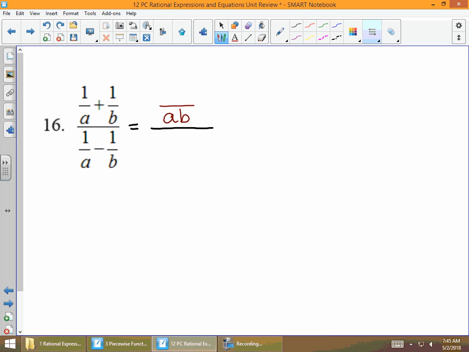So I need to multiply my first fraction by B over B, and my second fraction by A over A. So that in my numerator, 1 times B is B, 1 times A is A. In my denominator, again, my common denominator is going to be AB. I need to multiply my first fraction by B over B, and my second fraction by A over A.